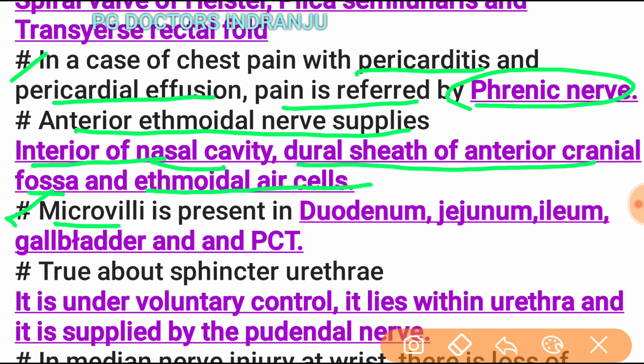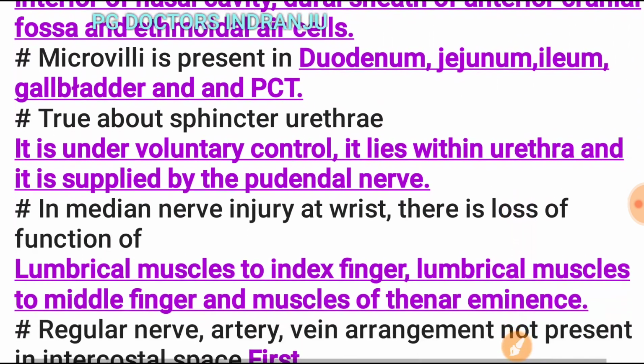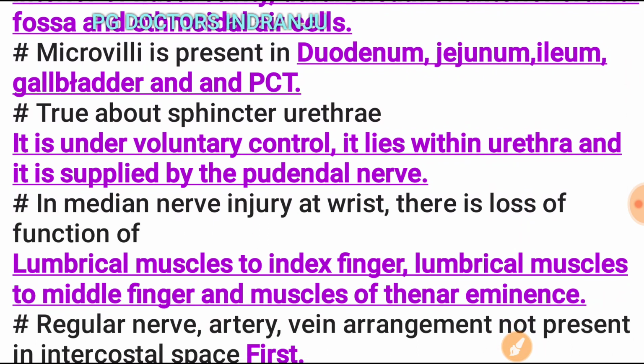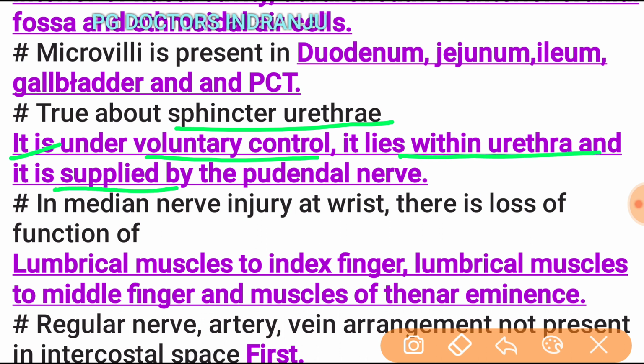Next, microvilli are present in the duodenum, jejunum, ileum, gallbladder and the PCT. In the PCT it is known as the brush border. The true statement about sphincter urethrae: it is under voluntary control, it lies within the urethra and it is supplied by the pudendal nerve.